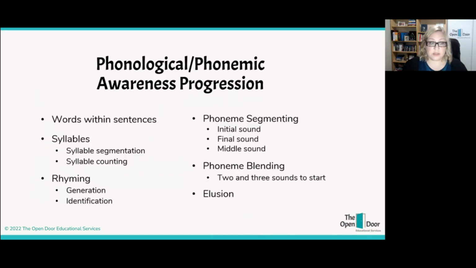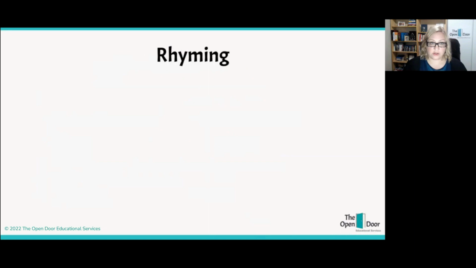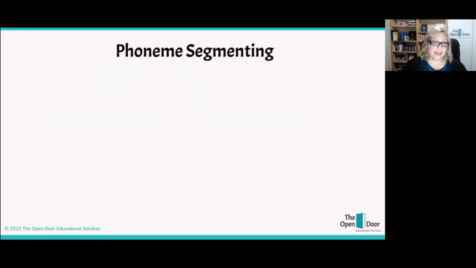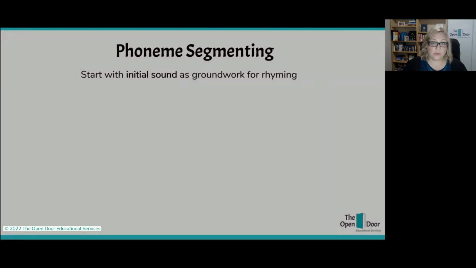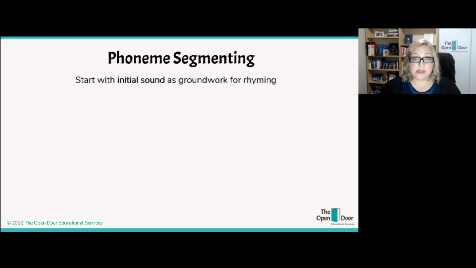We've done our syllables. The next logical thing, of course, would be rhyming, but we're not going to do rhyming. We're going to come back to that. And that's because phoneme segmenting, specifically just to focus on that initial sound, is such a fantastic groundwork for rhyming. We teach this first, and then we move into rhyming from there.